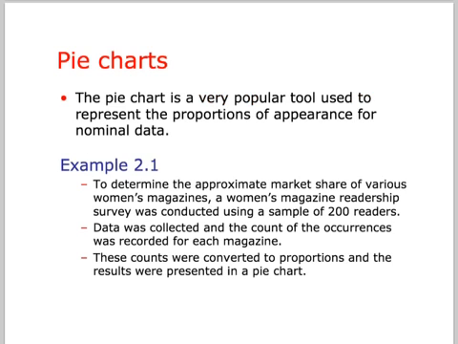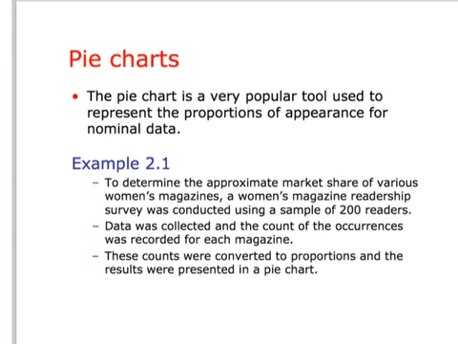We'll be using pie charts or bar charts. Okay, a pie chart is a very popular tool to represent the proportion of nominal data. Okay, so what is the objective here? You've got your qualitative or nominal data, and you would like to display the proportion of the different categories of your qualitative nominal data. Pie chart is the way to go.